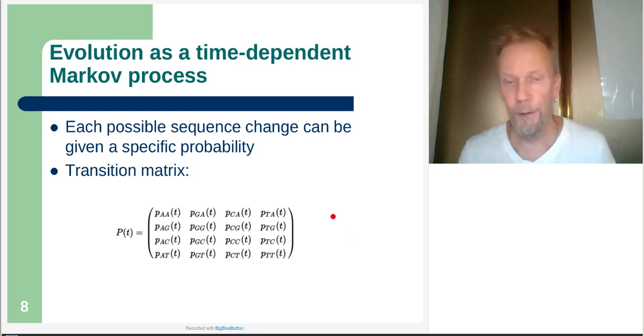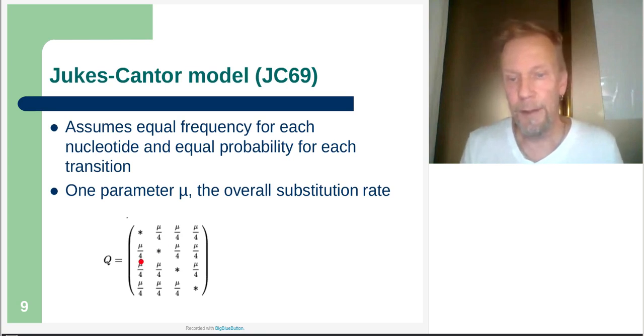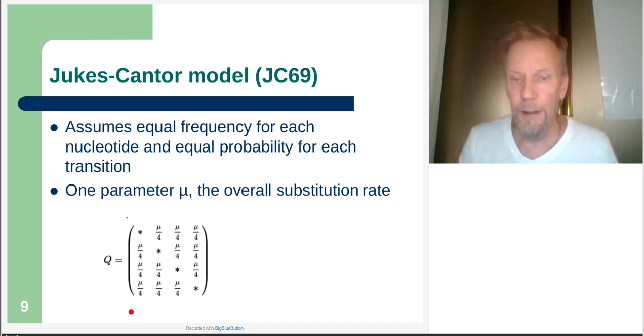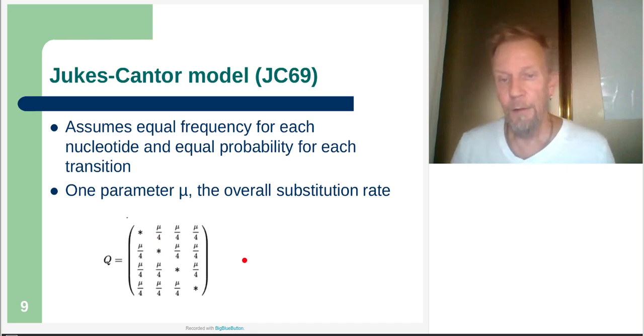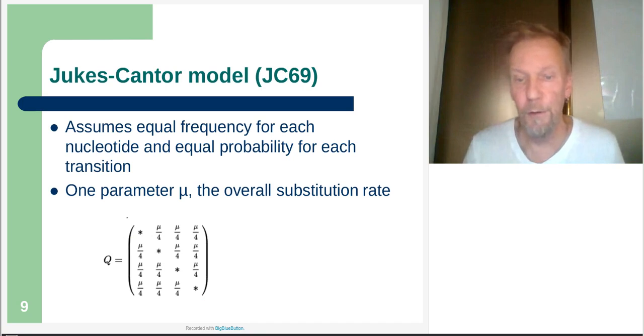This could also be called a rate matrix. And in the very simplest model of evolution used for phylogenetics, it is assumed that every change has an equal probability, and then you would only need a single parameter mu for the overall substitution rates, and then every rate of change would be mu divided by 4, and we don't need to care what is the probability or rate of things staying the same.